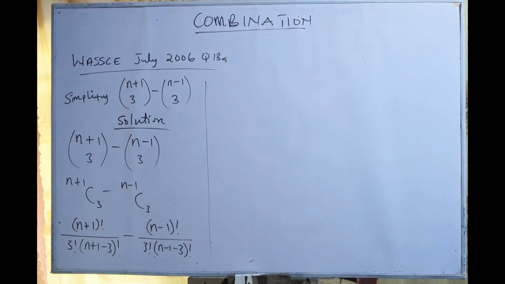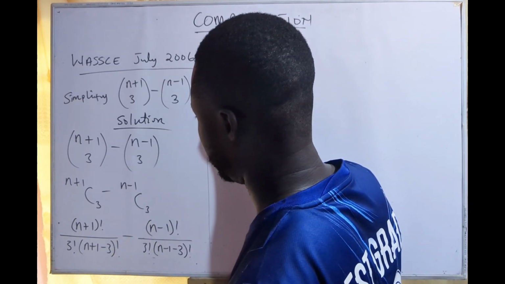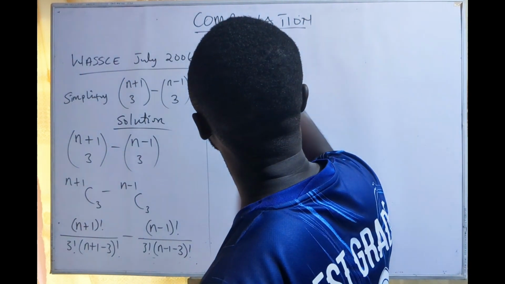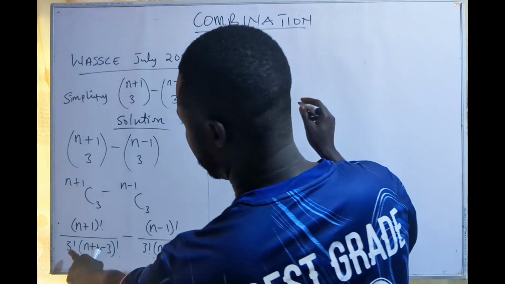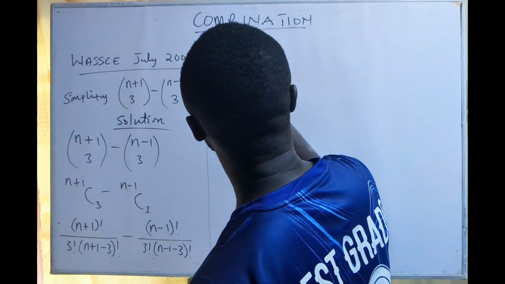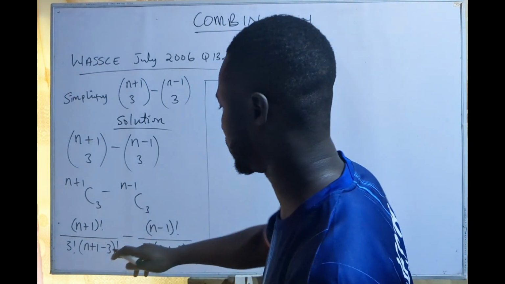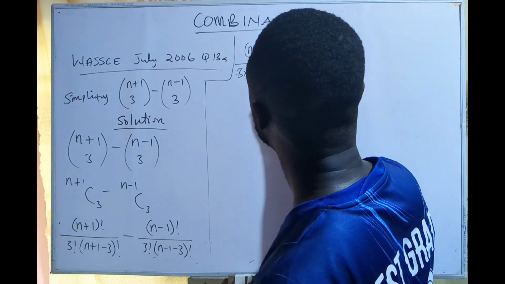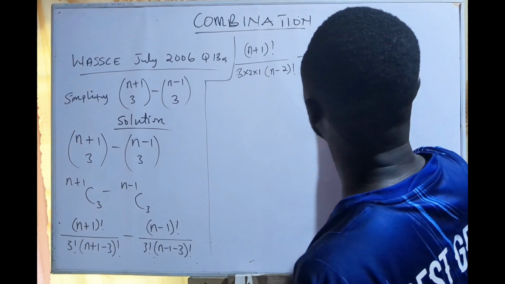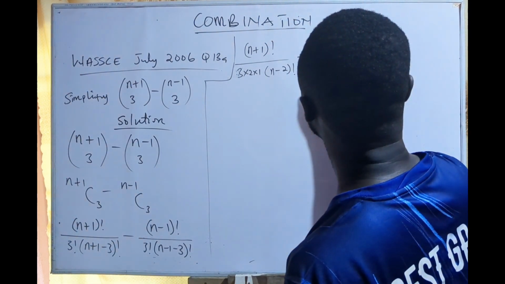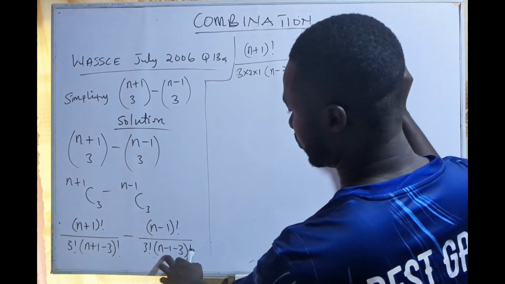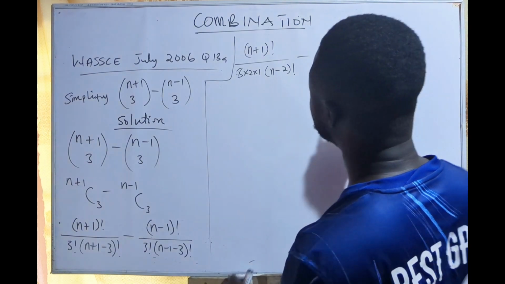Okay, so let's continue. So we can have here as what? N plus 1 factorial divided by 3 factorial, which is 3 times 2 times 1, and then n plus 1 minus 3 will give me n minus 2 factorial, minus n minus 1 factorial divided by 3 times 2 times 1, also multiplying n minus 1 minus 3, which is n minus 4 all factorial.